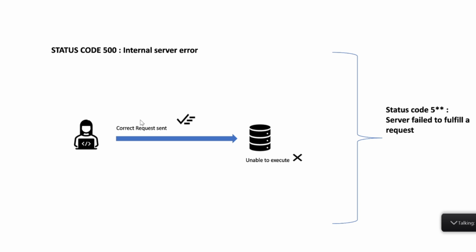Why? Because the server itself was unable at that specific time to execute your request. This means maybe try later, or something is wrong with the server, something is down. It's just letting you know that on the server side there is an internal error.